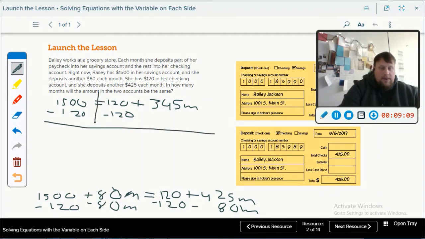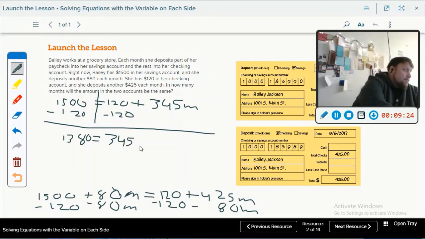Equal sign separates sides. 1,500 minus 120 is going to be 1,380. So now I have 1,380 equals 345m. I'm looking over here using my handy dandy calculator, which you should too, or you don't have to.